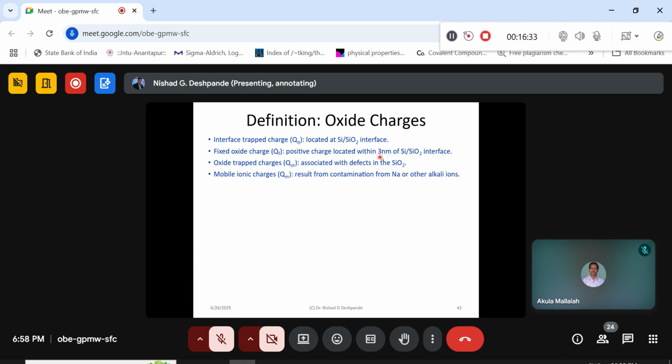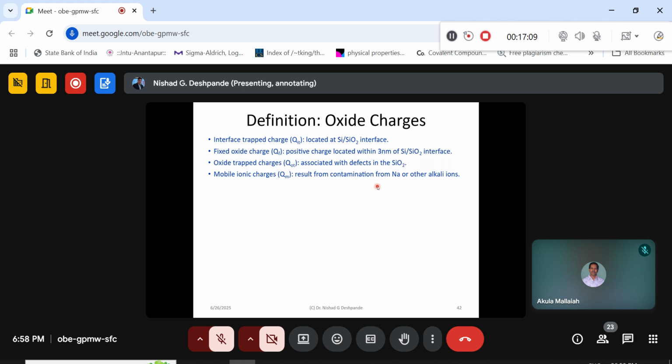These charges can be found along the surfaces and the interfaces. Most of the time, these charges induce some opposite polarities in the silicon substrate. Note that this is a very important part, because if some opposite polarity comes into the picture, that is going to affect the total device, I mean the output or the characteristics of that device.